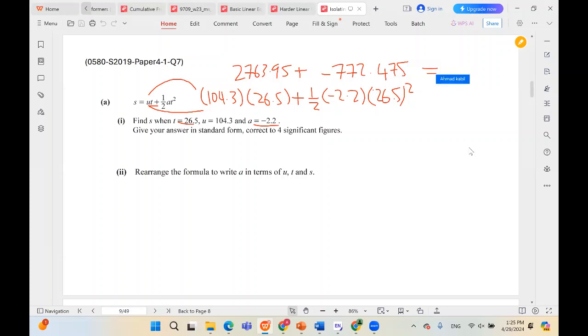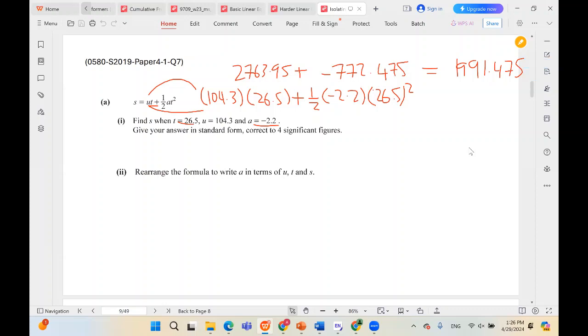We add these numbers together and, using the calculator, we just type in 2,763.95 minus 772.475. And the calculator gives us 1991.475.